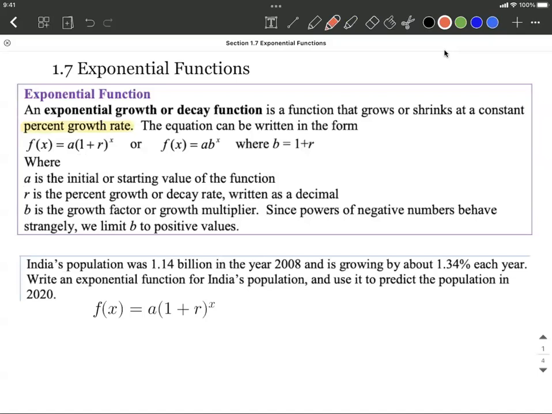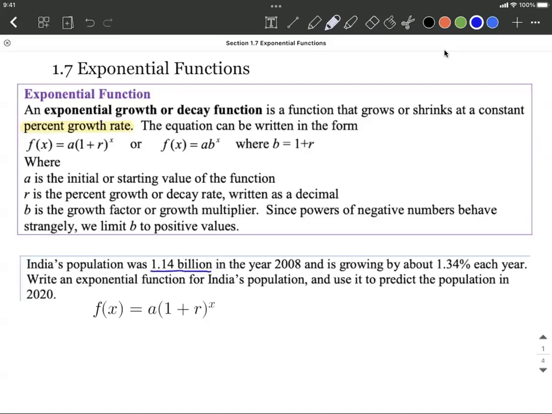All right, let's jump into one of these. India's population was 1.14 billion in the year 2008 and is growing by about 1.34% each year. We want to write an exponential function to model India's population, and then we're going to predict the population in the year 2020. So identifying a few pieces of information. I know word problems can be challenging, but what we want to do is pick out the numbers.